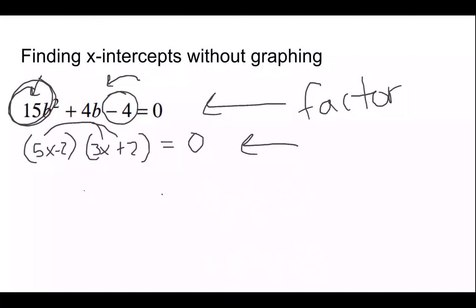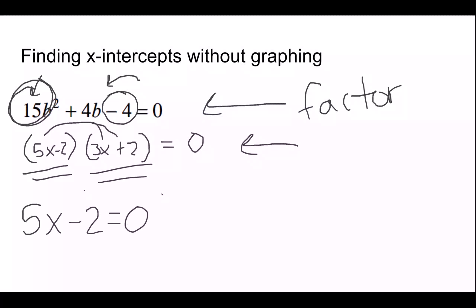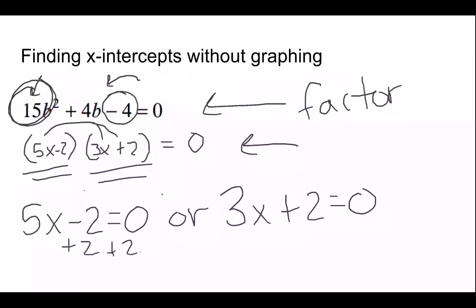Okay, so now that we found the right ones, again, either this term or this term has to be 0. So either 5x minus 2 equals 0, or 3x plus 2 equals 0. Then we just solve through. So add 2 to both sides here. In this case, subtract 2 from both sides. I'd get 5x equals 2.